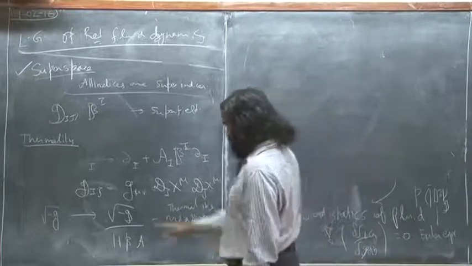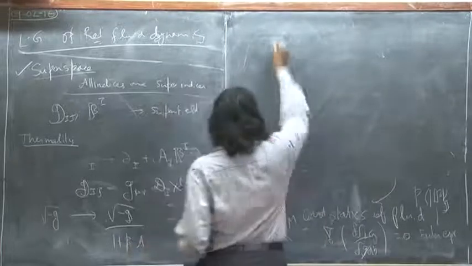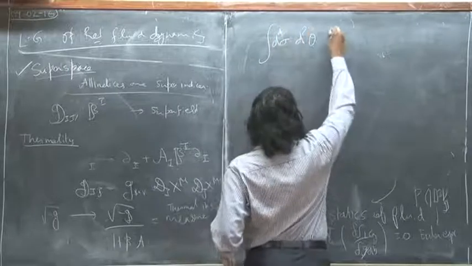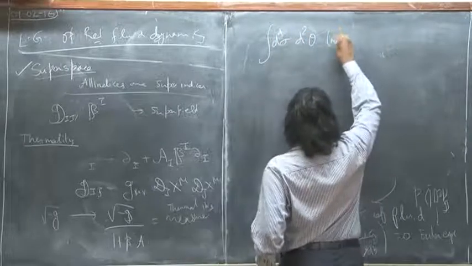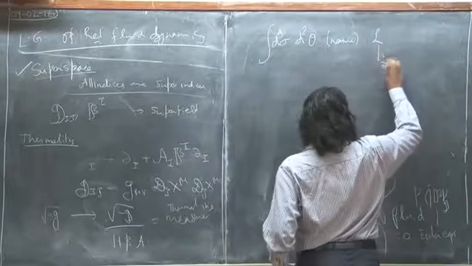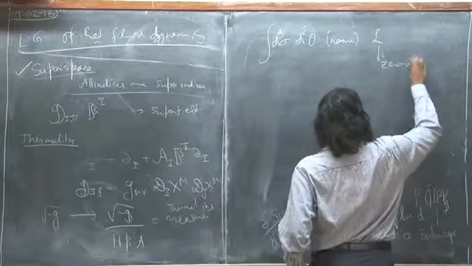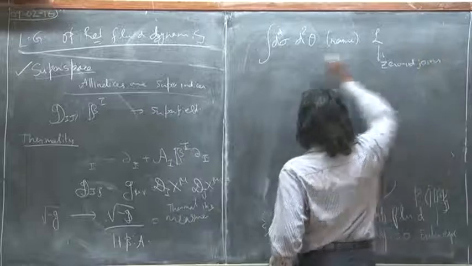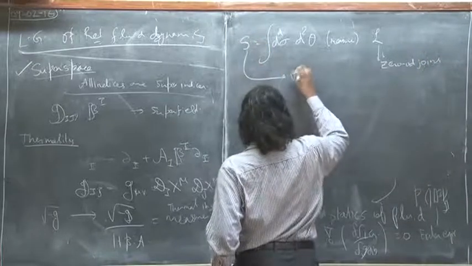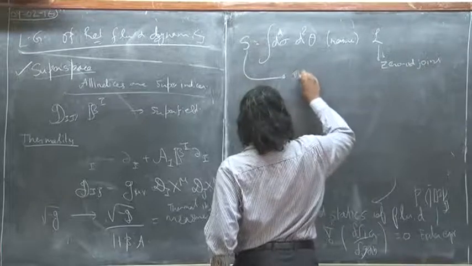If you use this measure, you can show that if you write down some action like d to the power d sigma, d square theta, this measure times some Lagrangian which is neutral, then this action is U(1)T invariant, or basically thermodynamics invariant.